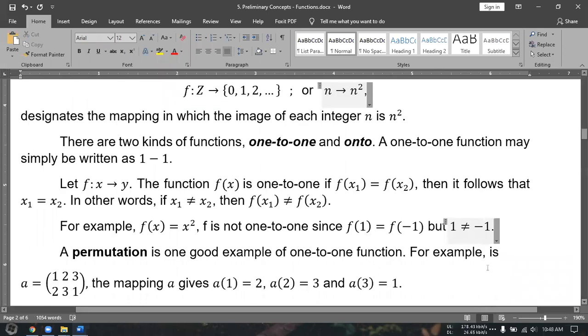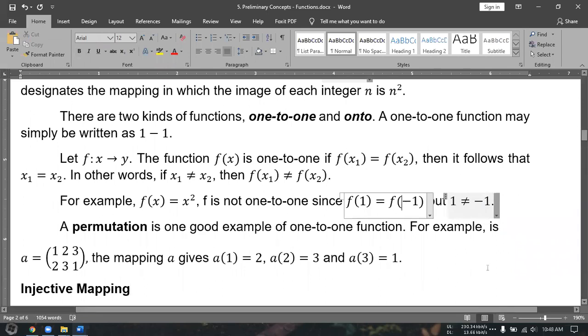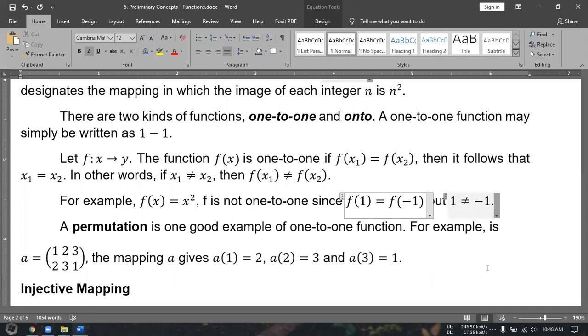And moreover, we have permutation. A permutation is one good example of one-to-one function. For example, we have A. It's being defined as the permutation. We have the elements 1, 2, and 3, and their orders are 2, 3, and 1. So, hindi pwedeng magsama sa isang order yung dalawang elements. Okay? Hindi sila pwedeng pagpatungin.